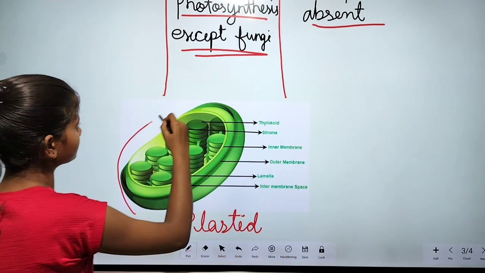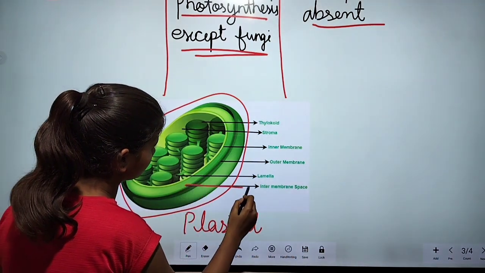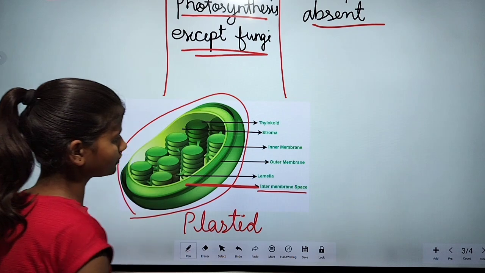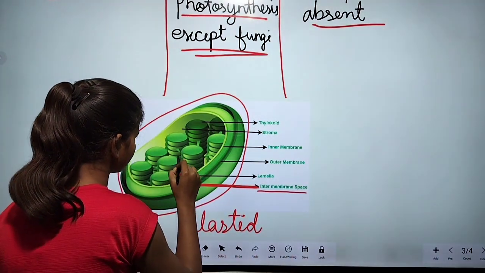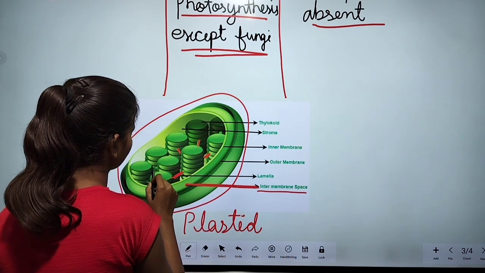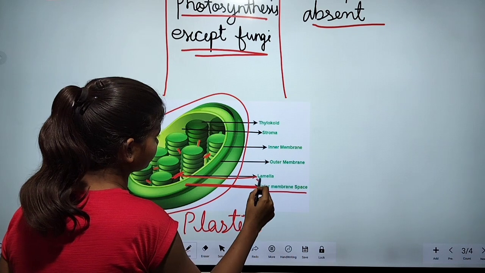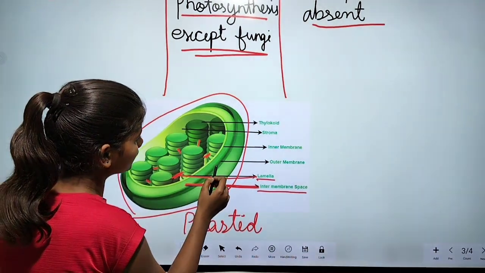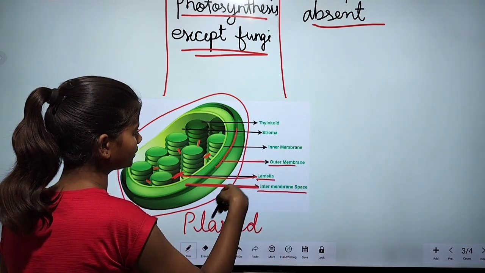This one is plastid, and this one is the inner membrane surface. And this one is the outer membrane of plastid.